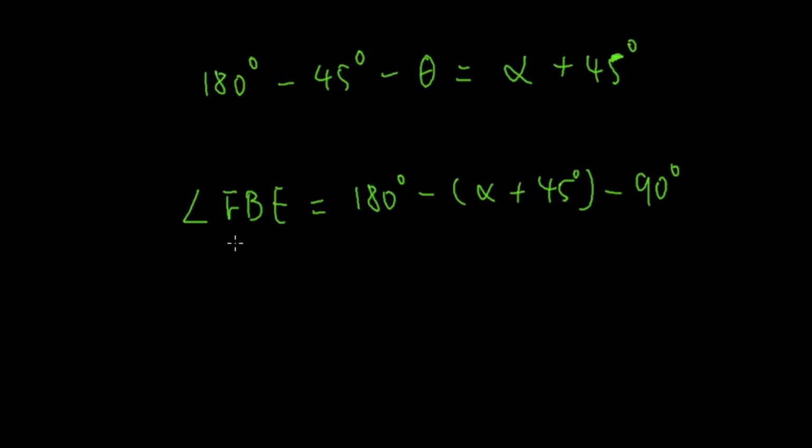That is equal to, now minus minus, so we have 45 degrees minus alpha. So this is angle FBE.